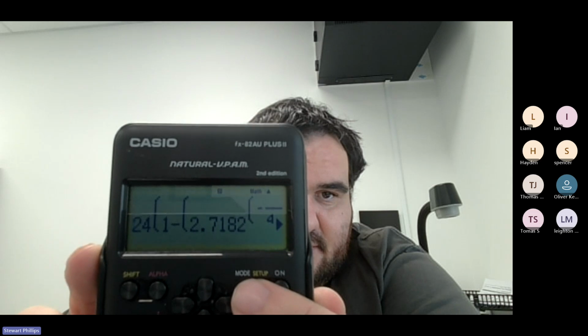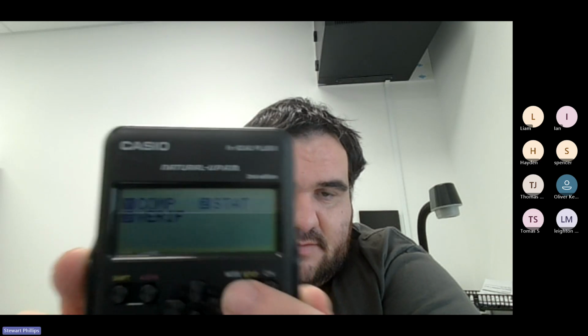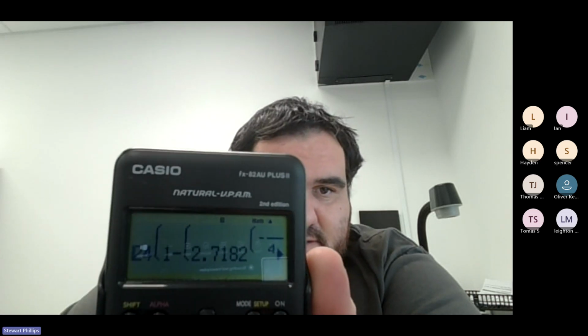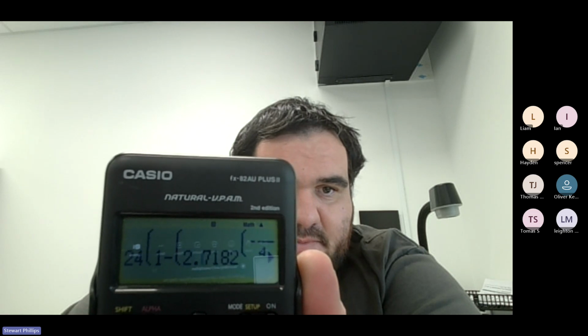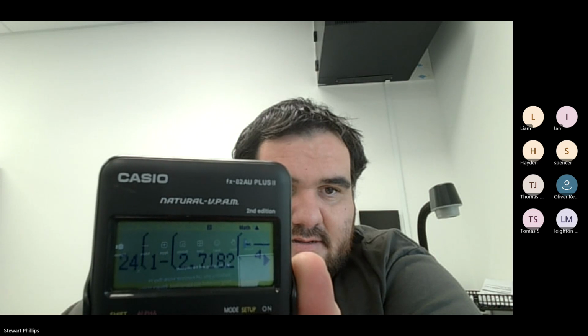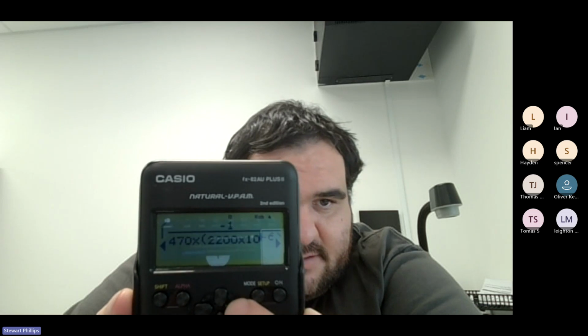So it's 24, bracket, 1 minus, bracket, 2.7182 to the power of, bracket, and you have to put the brackets, negative 1 over 470 times 2200 times 10 to the negative 6, because for micro, we need to move the decimal place 6 times.